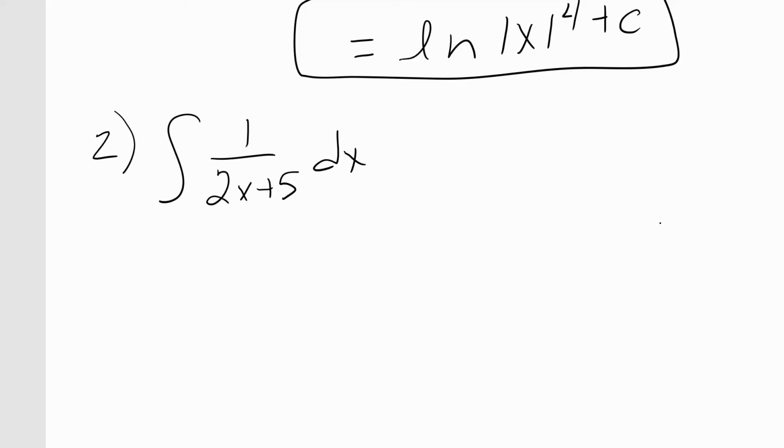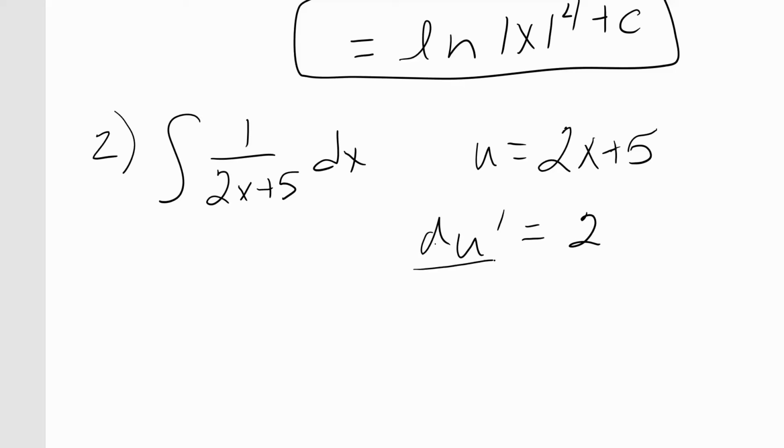So you're going to choose your denominator to be u. So u is 2x plus 5. Then find the derivative of that. u prime is 2, or I'm going to call that du dx. du dx and u prime are the same thing. So I get du equals 2 dx.